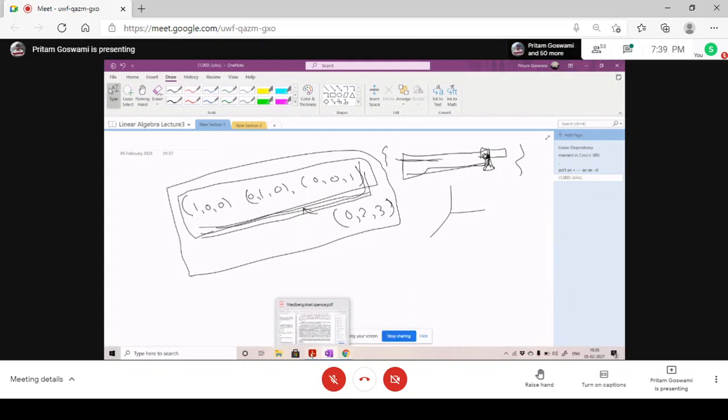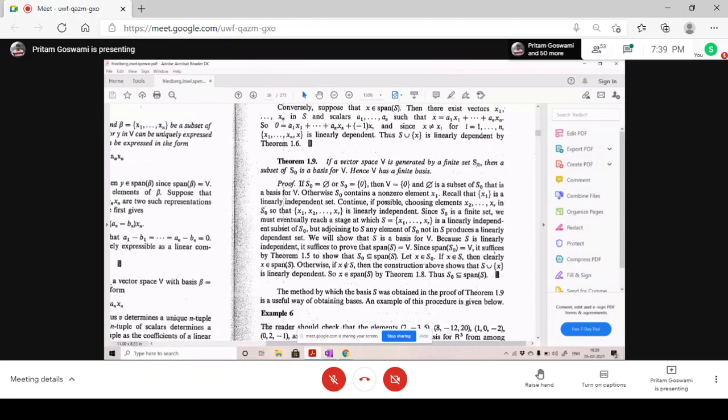So here they're saying that suppose a finite set S0 is spanning the whole vector space V. Then S0 can be linearly independent, or S0 is not linearly independent, but a subset of S0 will always be a basis of the vector space V. It can be S0 itself if S0 is linearly independent, right?